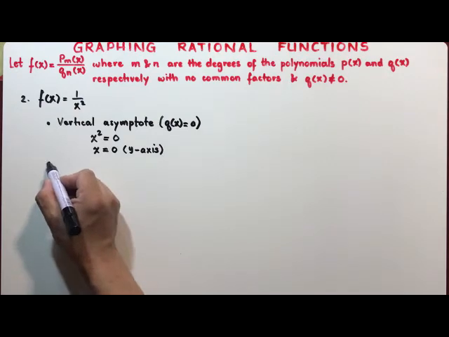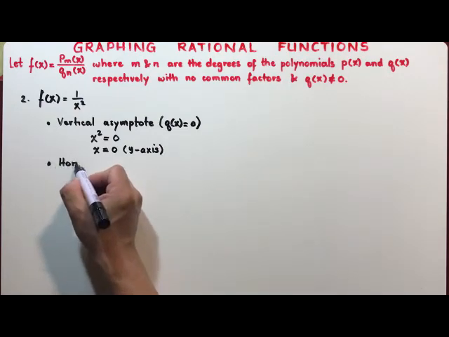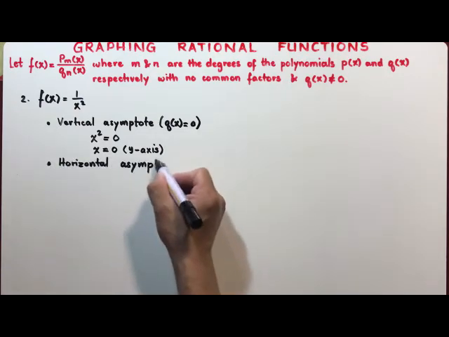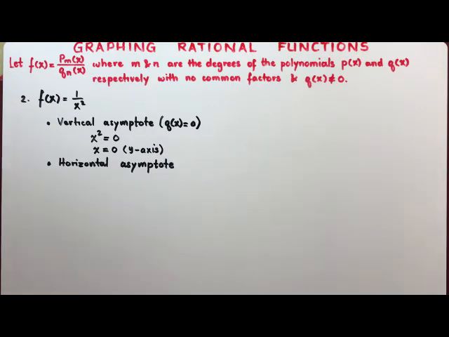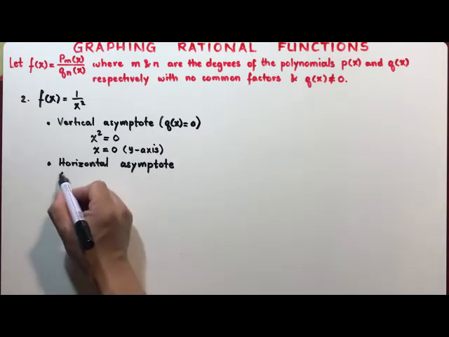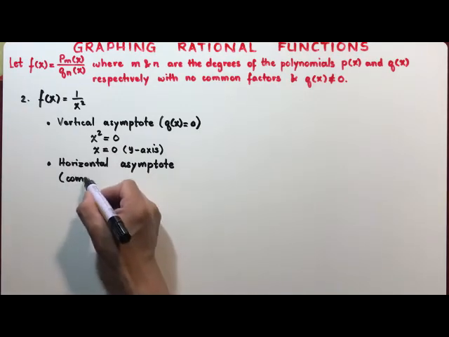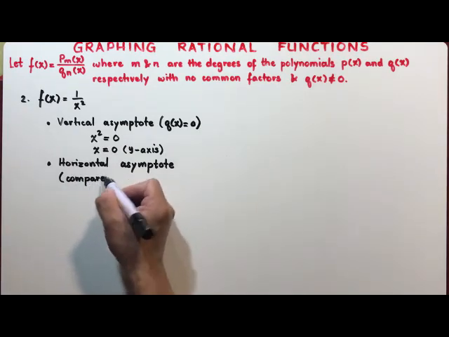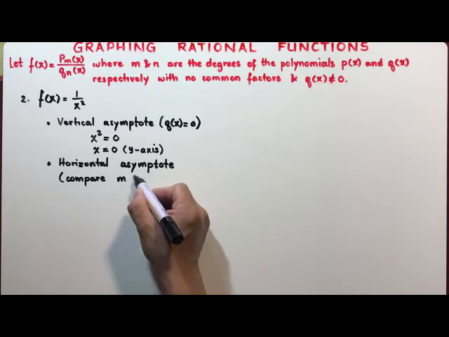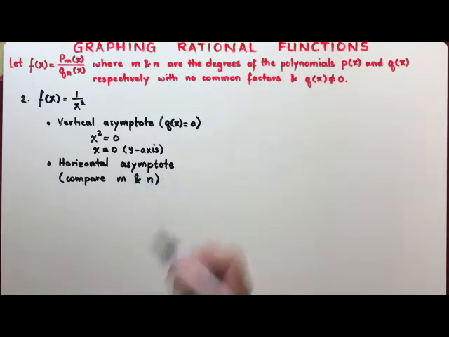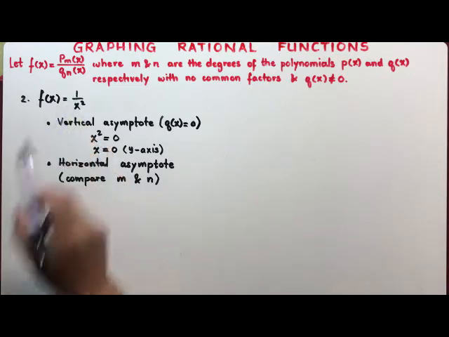Of course, we will find the horizontal asymptote. So how do you find the horizontal asymptote? We need just to compare the degrees of the numerator and the denominator. So compare m and n. So what is the degree of the polynomial in the numerator?